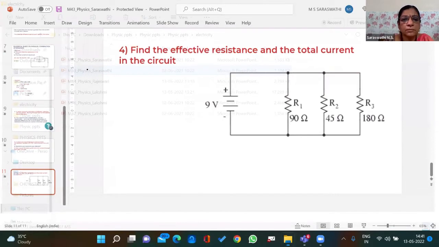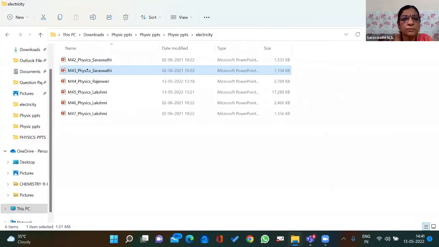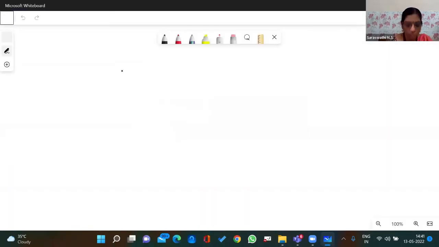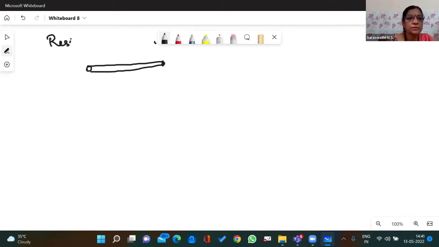So you have a wire. Let us take the resistance of the wire to be R. It is cut into 3 equal parts.